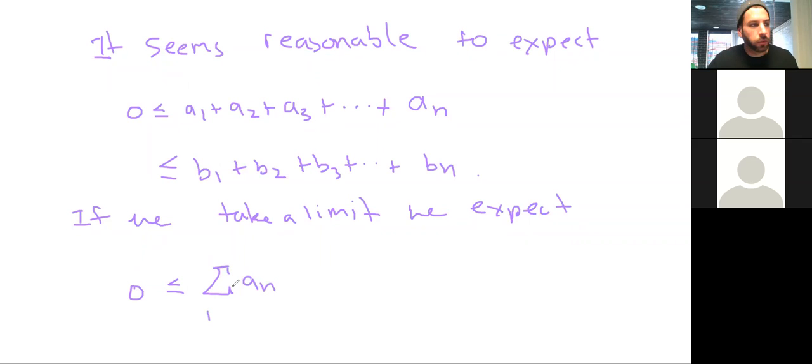Let's use K because the subscript is K, and we expect the sums of the A's to be less than the sums of the B's.